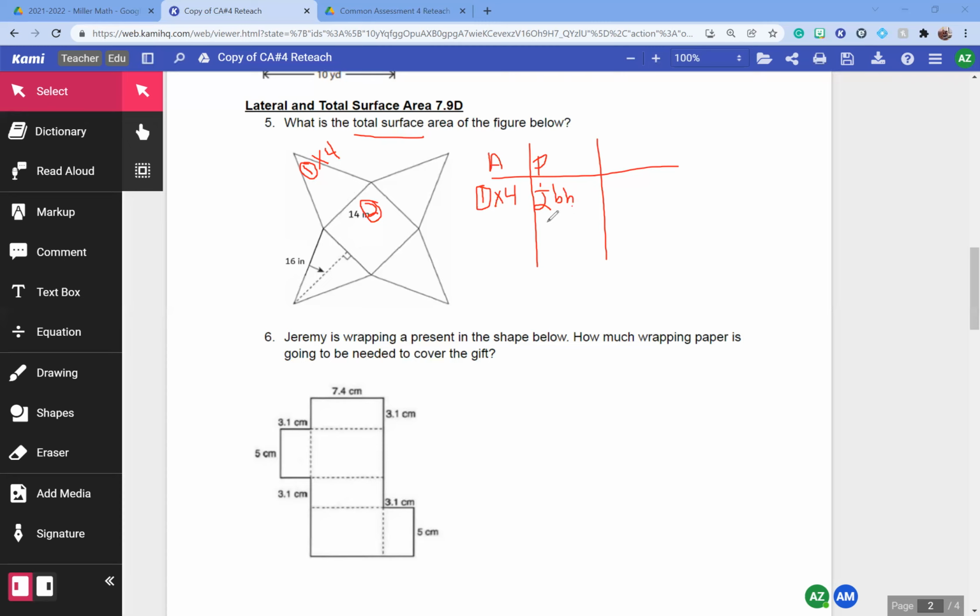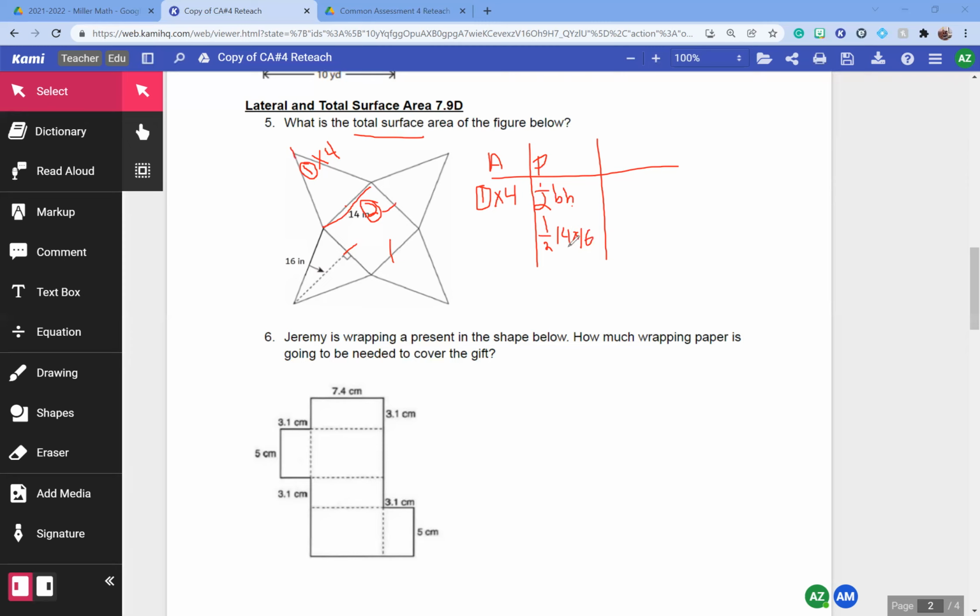So now that I have my formula, the first thing I'm going to do is substitute. I keep my 1/2. My base goes from here to here. Because this is a square, I know that all of these sides are going to be 14 times my height. So from my base to the top. Over here, they already told me what my height is, 16.